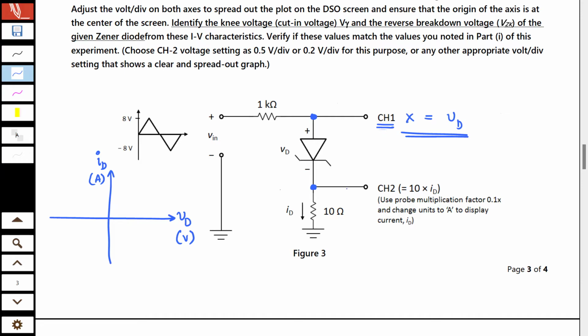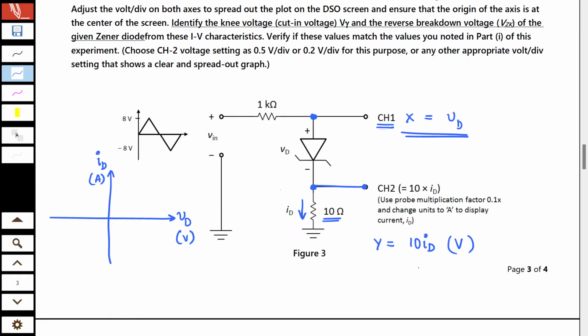So, what we essentially say is that since whatever current was flowing through this diode is also flowing through this resistor, we connect a small value of resistor, say 1 ohm or 10 ohm, and we connect this to channel 2. Essentially, signal Y now becomes 10 times ID, right? But we need ID, and note that this is still in volts.